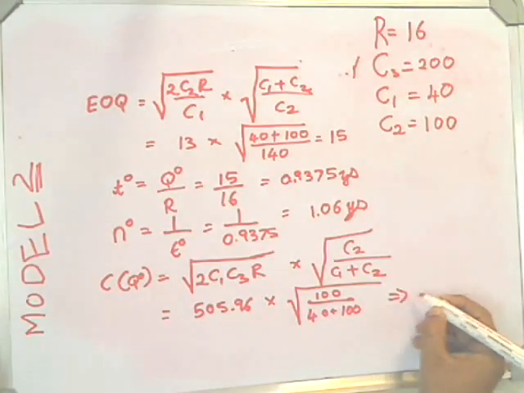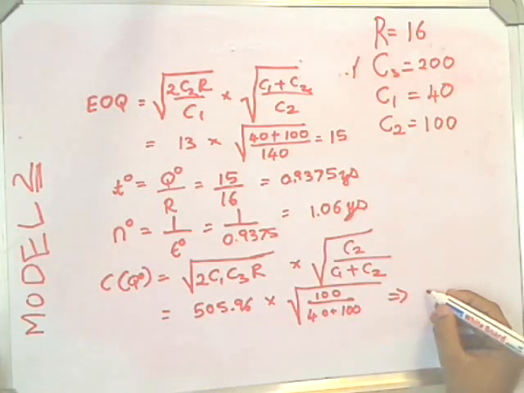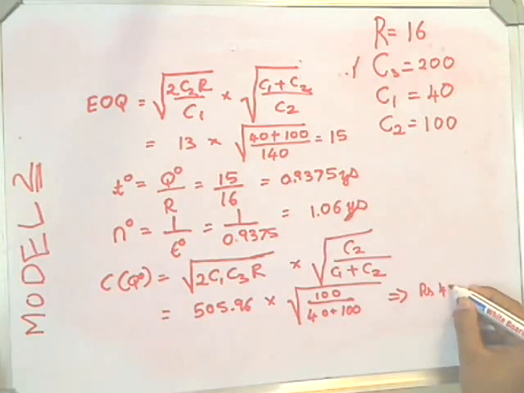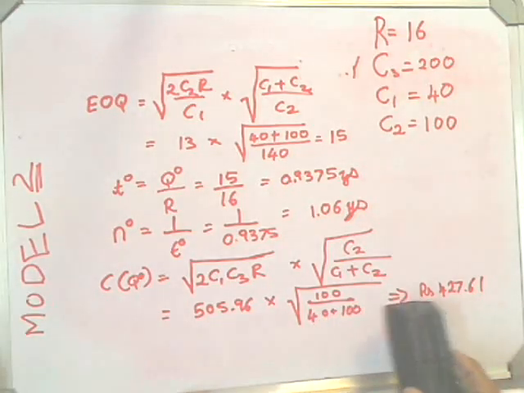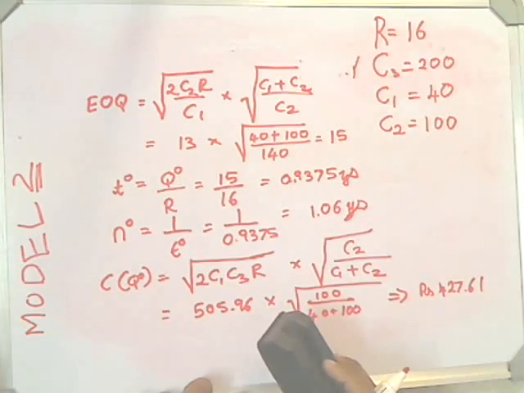This should give me the answer, which is rupees 427.61. Rupees 427.61. This is the minimum average cost. Then there are a couple of more formulae that I need to work out here. So I'll quickly erase this and I'll discuss them.